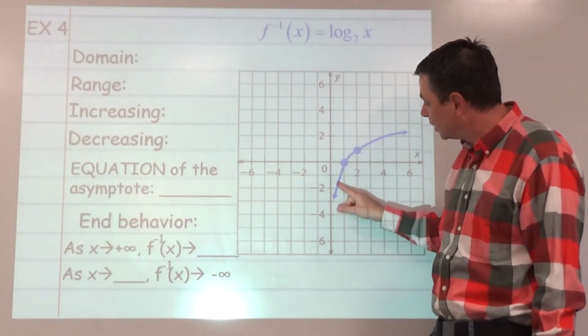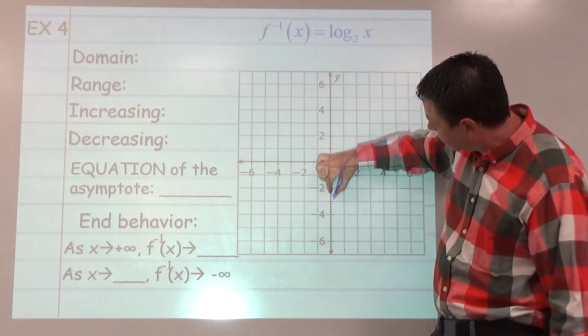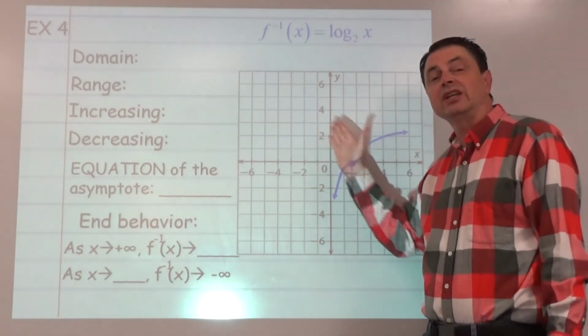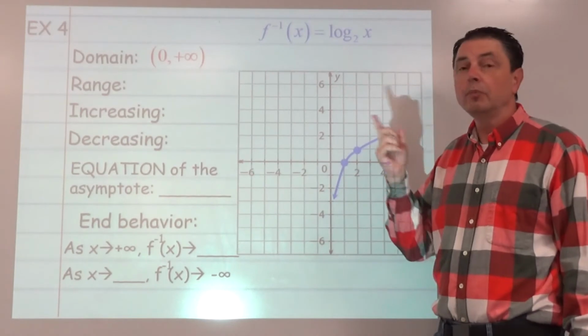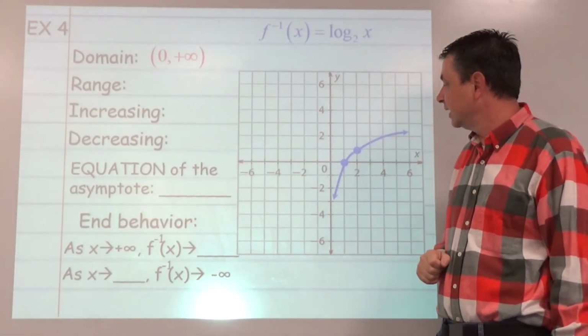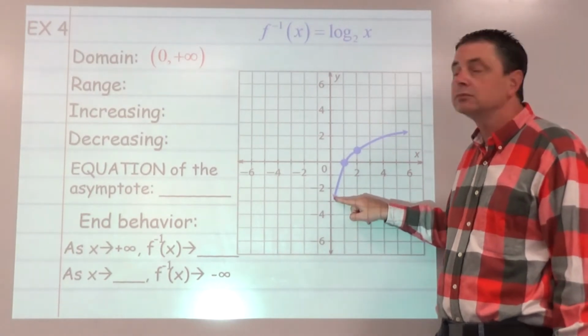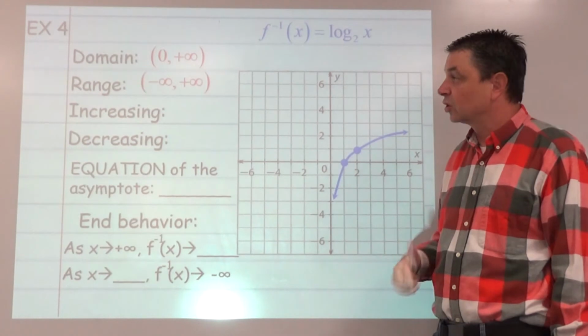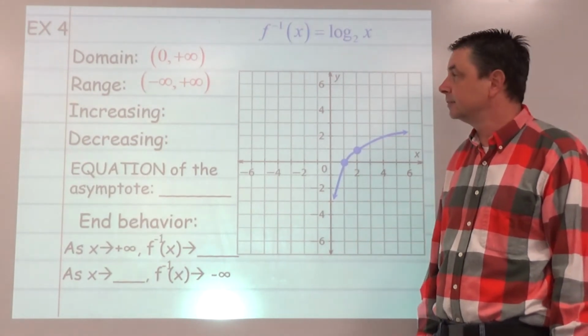What about left? Well, it keeps getting closer and closer to 0. So it's everything to the right of 0, parentheses, because it doesn't touch 0: 0 to infinity. Now the range, how low? Negative infinity. How high? Positive infinity. So the range is negative infinity to positive infinity.